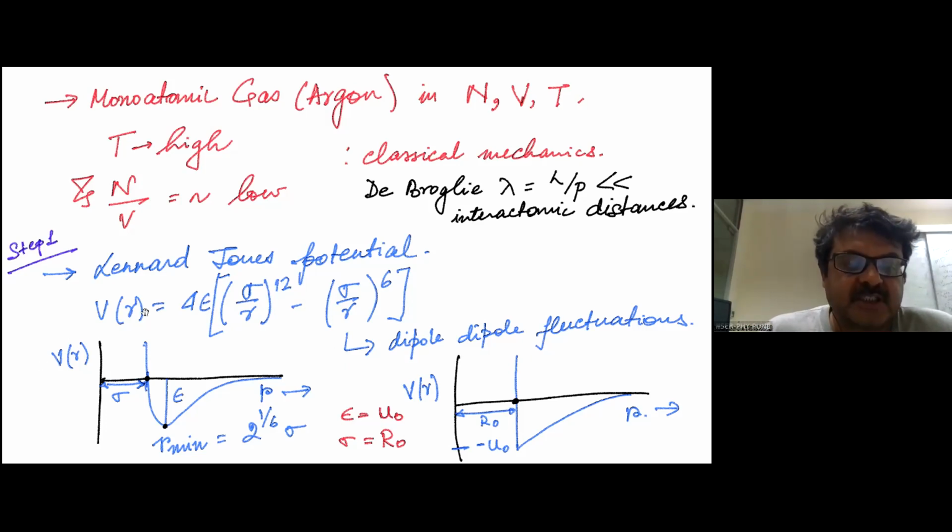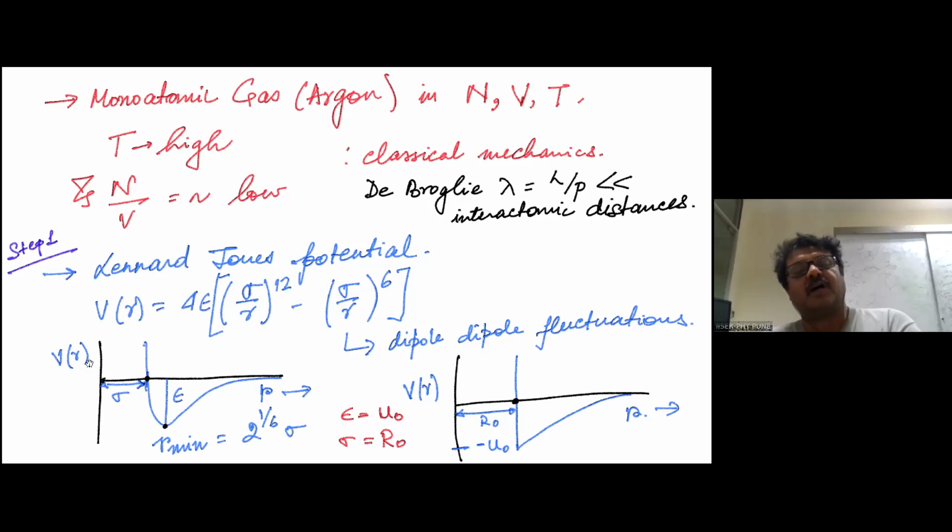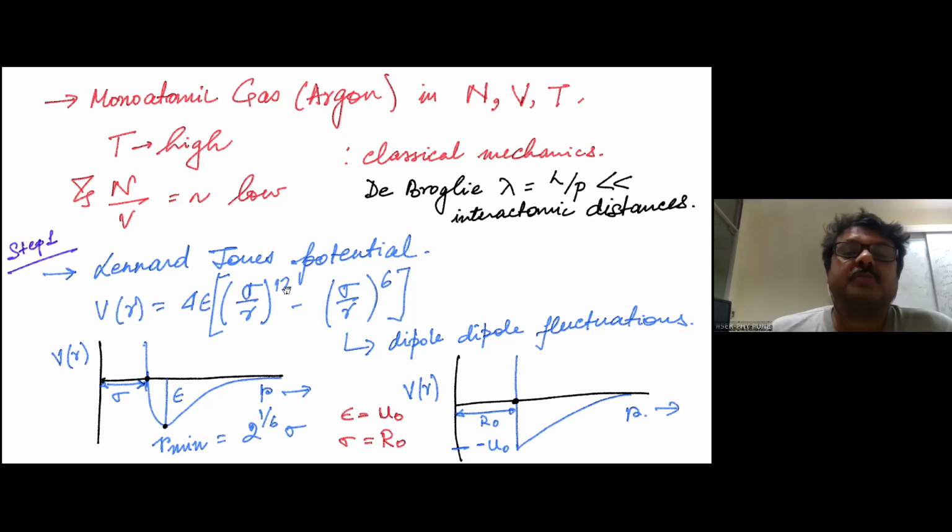So this potential, if it is plotted as a function of r, so if you plot V of r versus r, what you will see is that at short distances, this term dominates over this term. Why? Because if r is less than sigma, then you have some number which is greater than 1 to the power 12, and this is to the power 6.